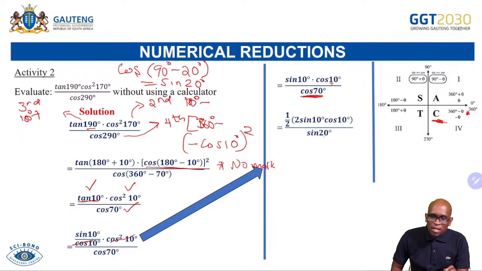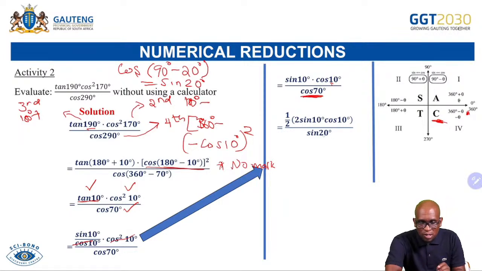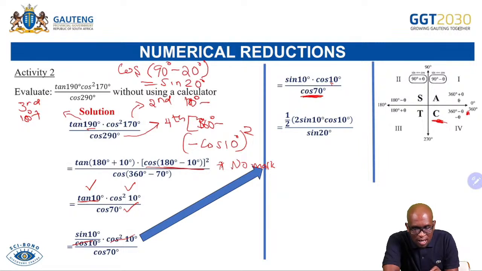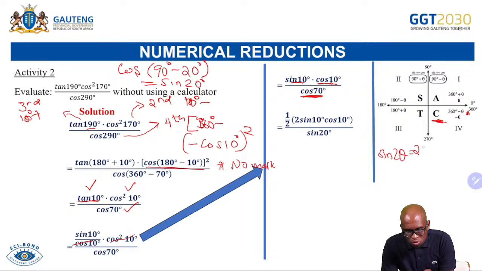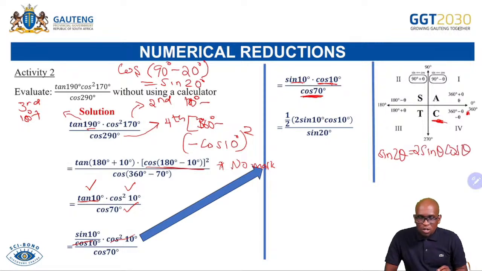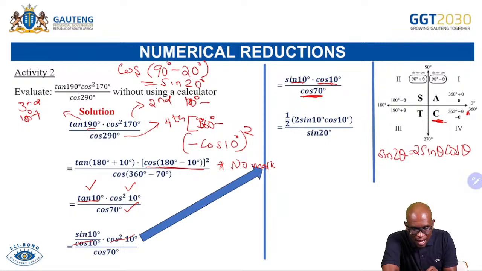That is why I wanted to change that to a sine, because I would have seen here that I have sine 10 cos 10, which means I am taking it from the formula of sine double theta, which is 2 sine theta cos theta.